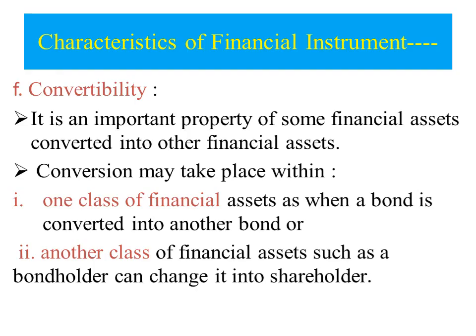It is an important property of some financial assets to be converted into other financial assets. Conversion may take place within one class of financial asset, as when a bond is converted into another bond, or into another class of financial assets, such as a bondholder changing into a shareholder. This is another characteristic of financial instruments.